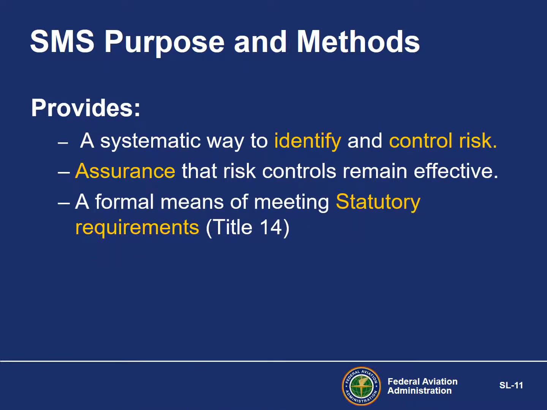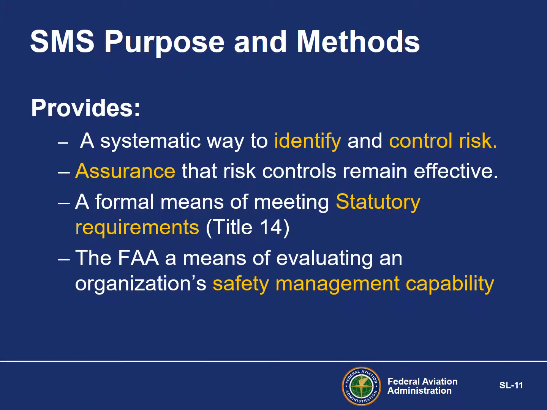It provides a uniform, formal method to comply with the rules, and it provides a method to evaluate an organization's safety management capability. As pointed out earlier with Dr. Sparrow's diagram, the SMS also helps control the effects of hazards that are beyond current regulations.